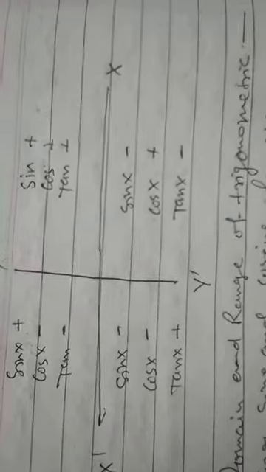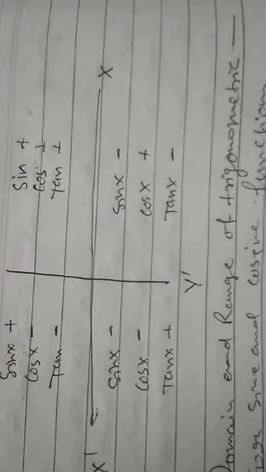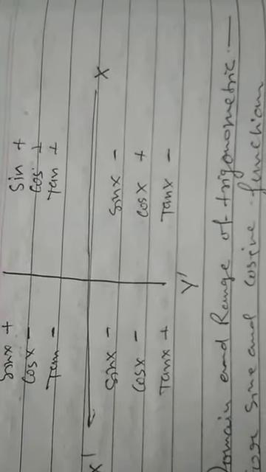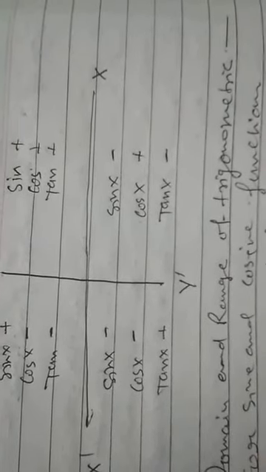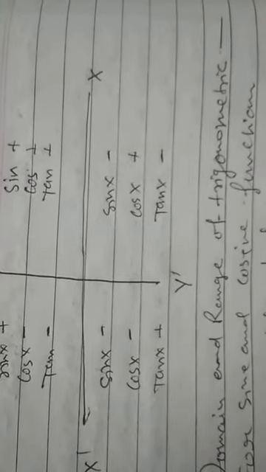Cos x and sec x are positive in the fourth quadrant, and the rest, sine, cosec, tan and cot, are negative in the fourth quadrant. So this is the sign convention of all the trigonometric functions.